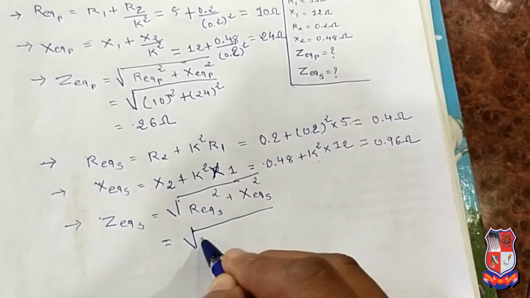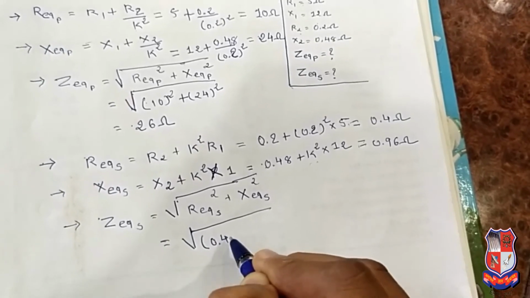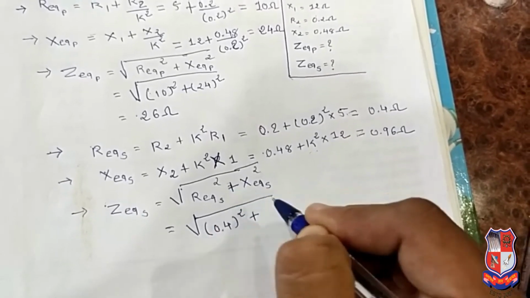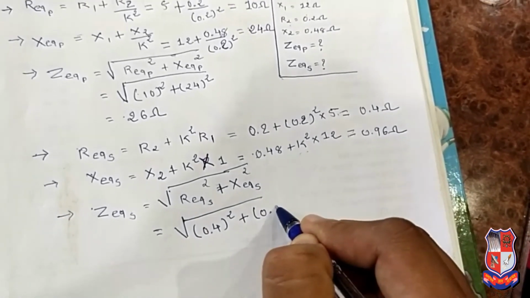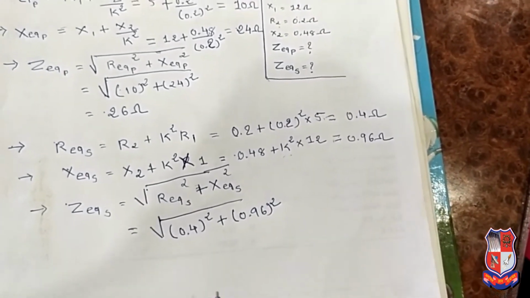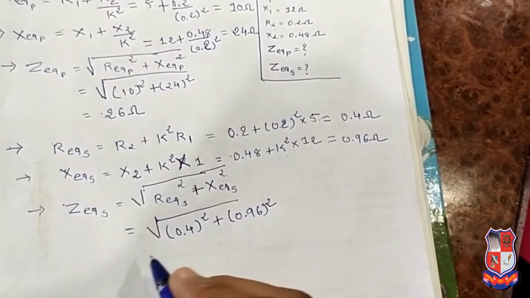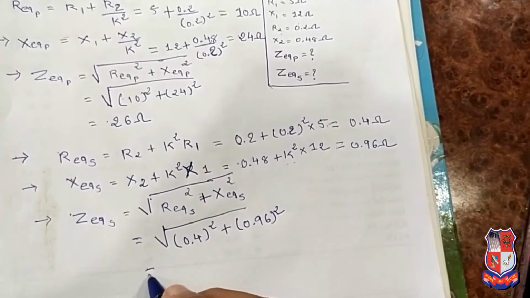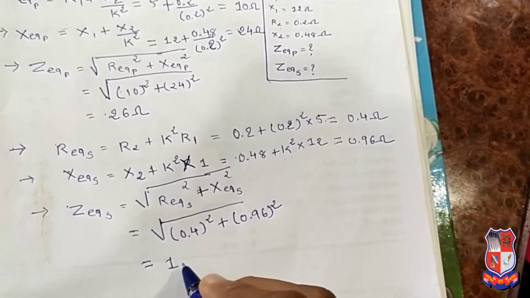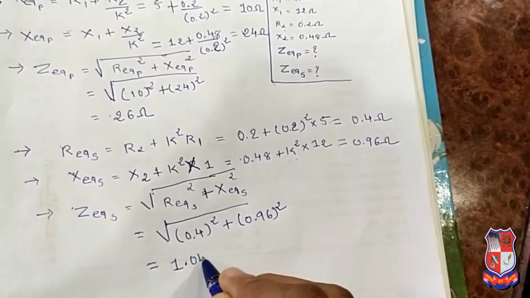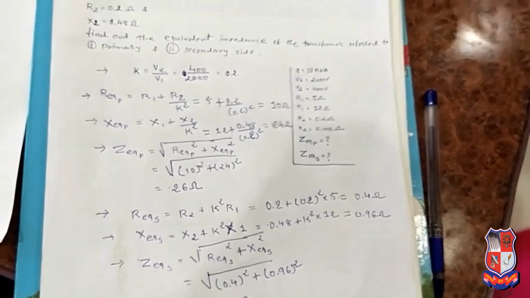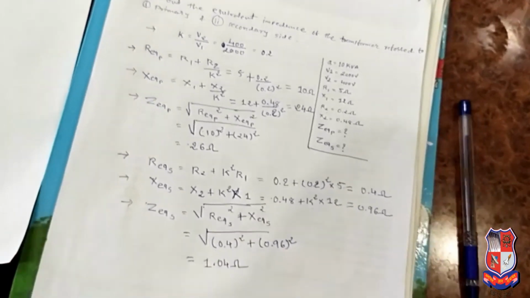Under root of 0.4 whole square plus 0.96 whole square. And we get the value of equivalent secondary impedance as 1.04 ohm. Now we complete our example.